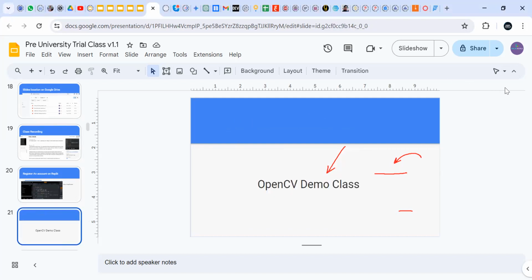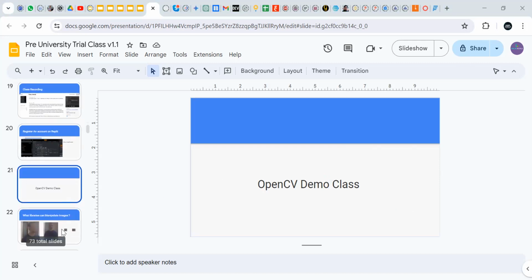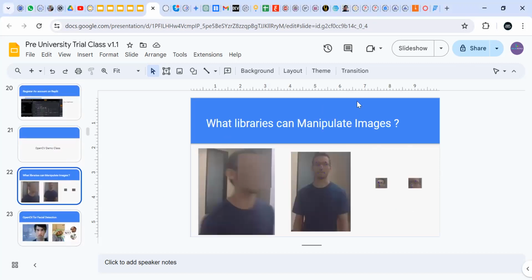Now let's have a look at some technical aspects. Technically, there is a lot of information that you can specialize in. There is artificial intelligence, which allows you to deal with information and images. There are many libraries, and specifically with Python, you are able to deal with images and videos.